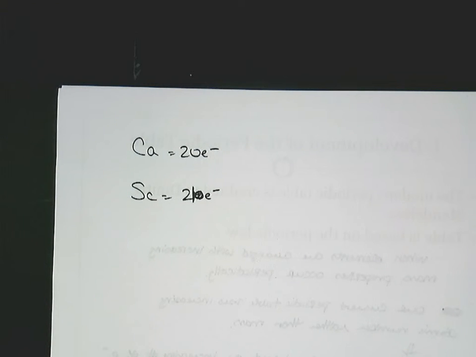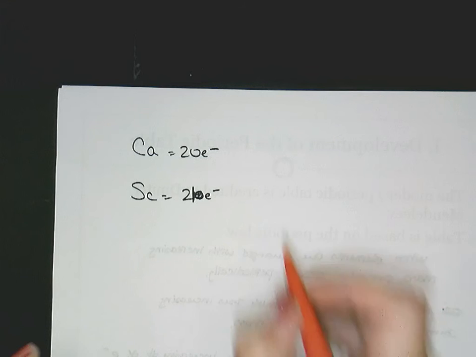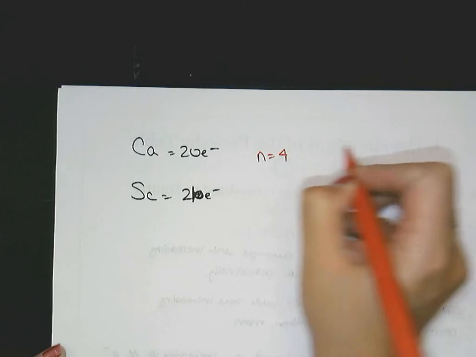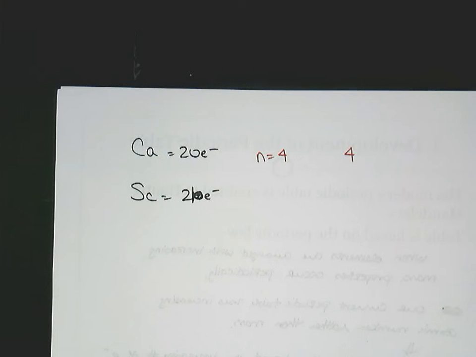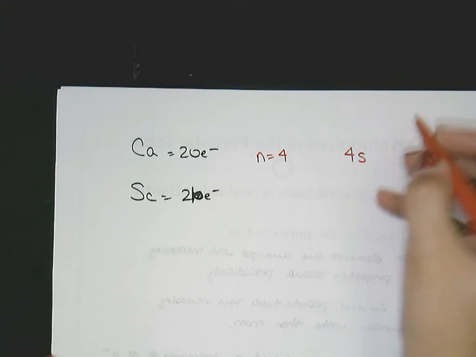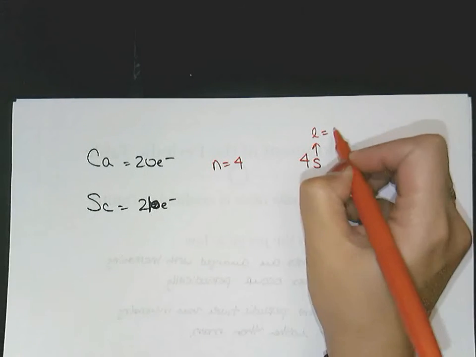So if it's in row 4, what should the n value be? So it's looking at the 4s. And what does s tell me in terms of l value? 0, right? And so it happens to be 4s2.